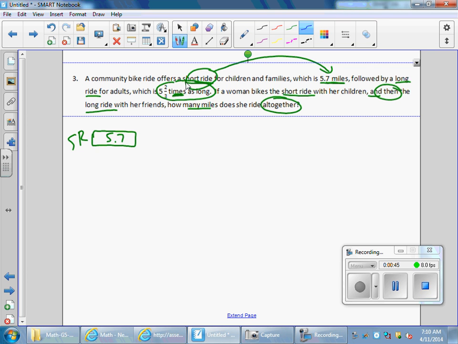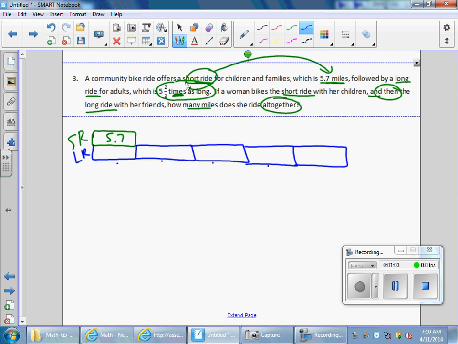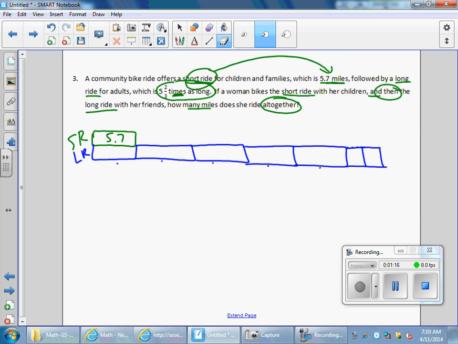But then she's going to do the long ride with her friends as well, which is 5 and 2/3 the size or the length of the first short ride. So I'm just going to get a visual here very quickly.